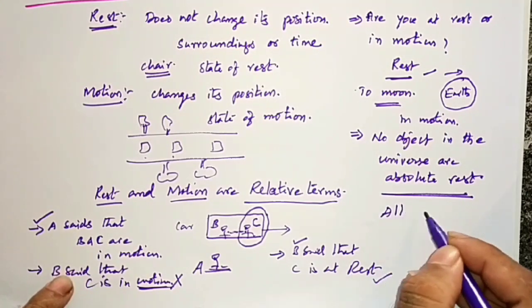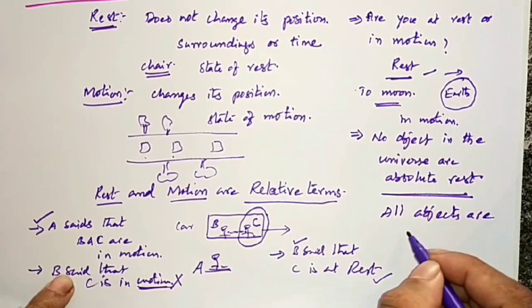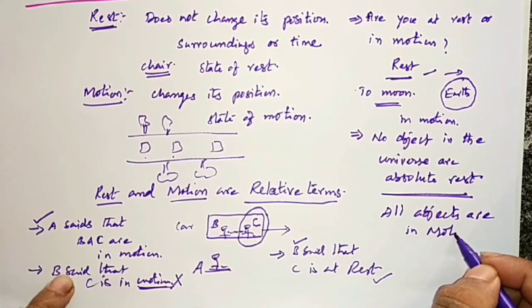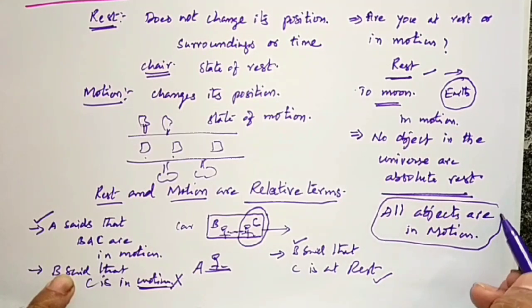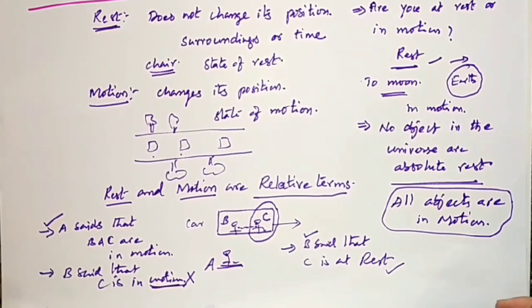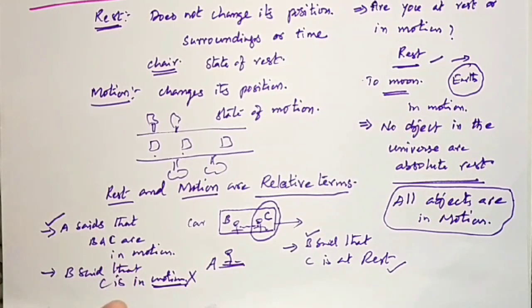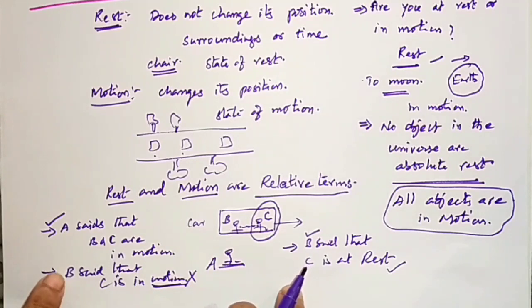All objects are moving, all objects are in motion. No doubt in that. Can you tell me any object which is at rest absolutely? You think and tell me. Is there any object which is in the state of rest? In the universe, no object, none. Even the sun is moving around the center of the galaxy. Galaxies are also moving. In this way, no object is at rest.